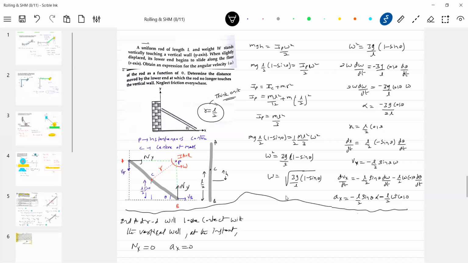Do we know alpha? Yes, I know alpha. That's why we brought all these things, to take care of these conditions. Let me substitute all these things in this equation.